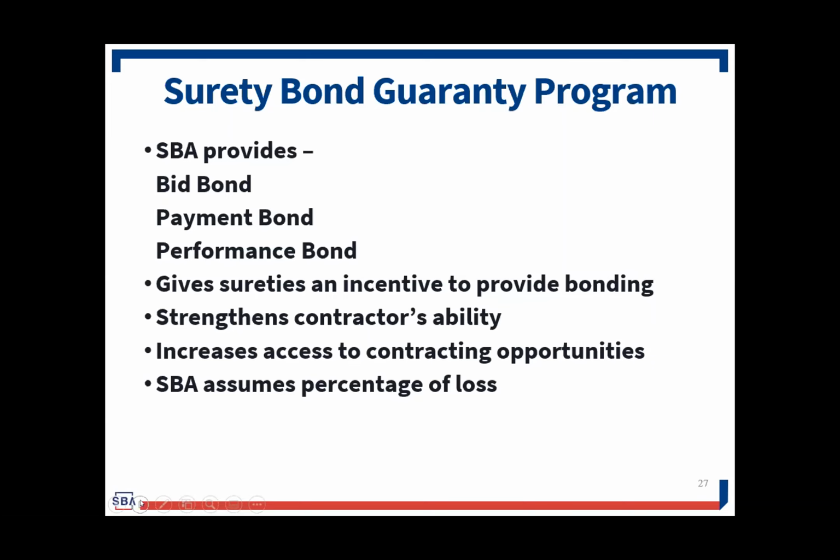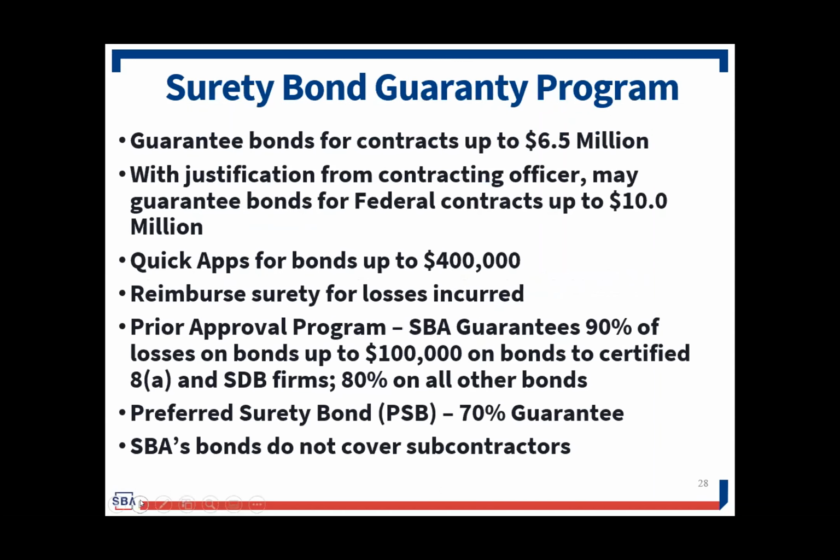Our guarantee is intended to strengthen your ability in getting the bonding that you need, and to increase your access to bonding opportunities. As with our loan guarantee program, if you default on a contract, then SBA assumes a percentage of that bond.